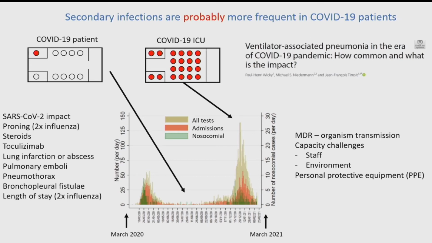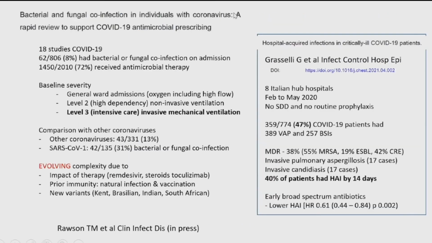And since these patients have an increased risk because they are on steroids, tocilizumab, they have abscess, pneumothorax, pulmonary embolism, bronchopleural fistulas, increased ICU stay, all of these are increasing the incidence of ventilator associated or hospital acquired pneumonias in COVID-19 patients.